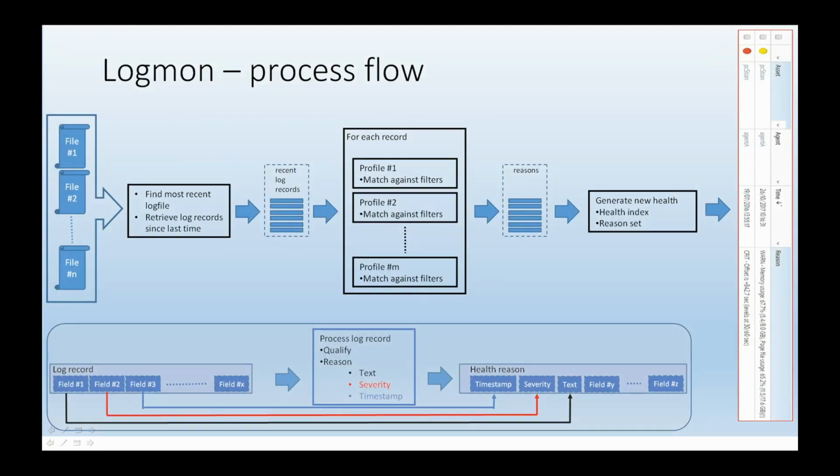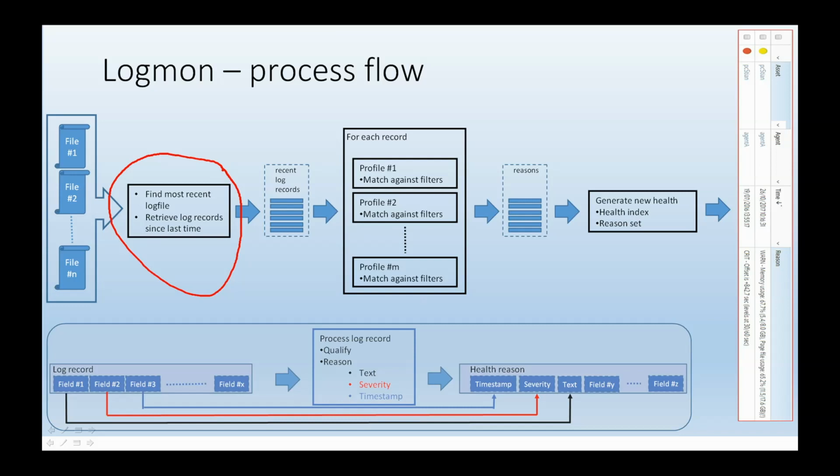Let's have a brief look at how the log monitor processes log files. The monitor identifies the most recently updated log file and retrieves all log records which have been added since the last time we processed that log file.